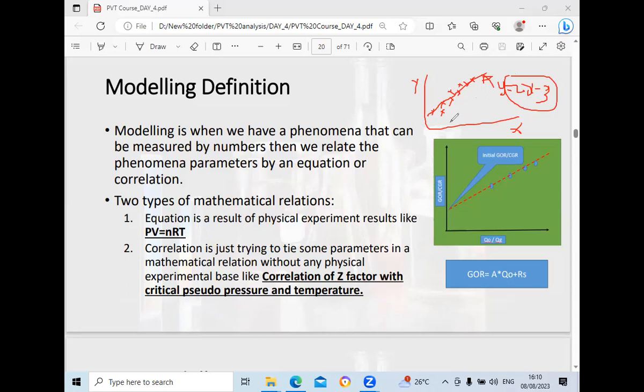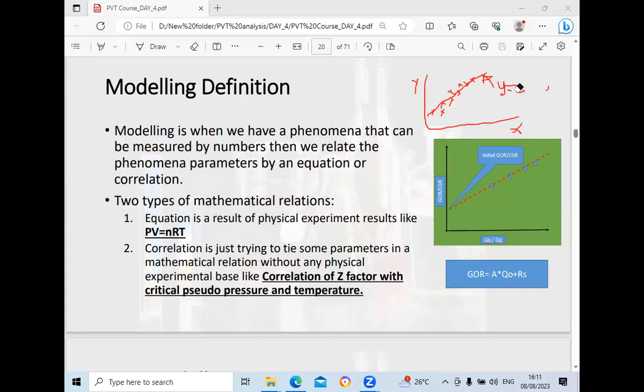Because what we saw in Prosper and even in BAL when we were doing PVT matching was to use some correlations that have been derived by others. They did not derive these correlations or expressions by using a physical experiment, but by studying data and trying to look at the relationship that coexists between them, and then trying to bring out some relationship that exists between them.